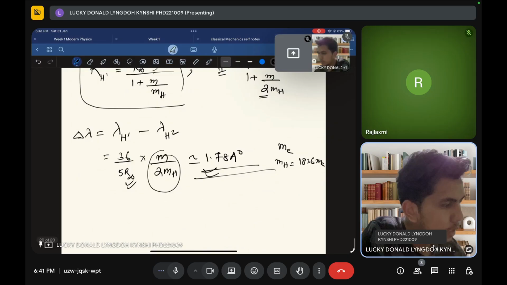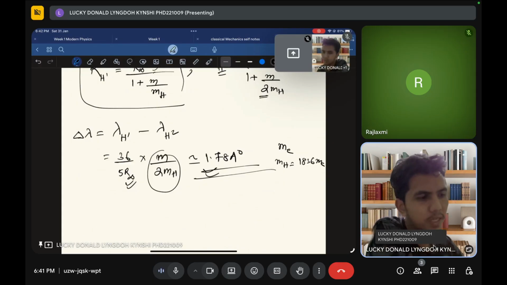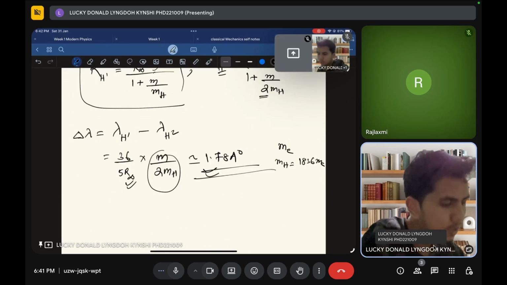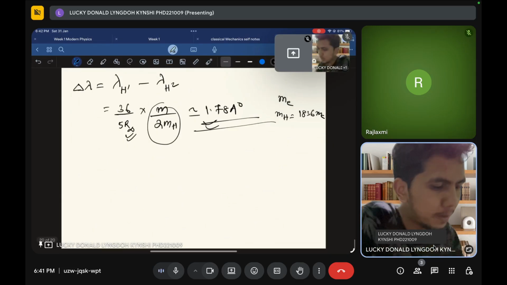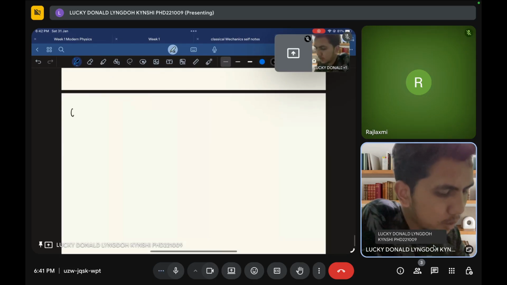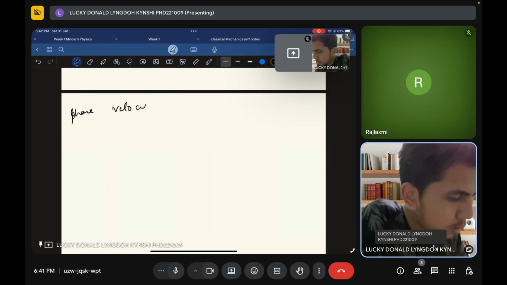Now the last problem is slightly related to different concepts, which are called phase velocity and group velocity.